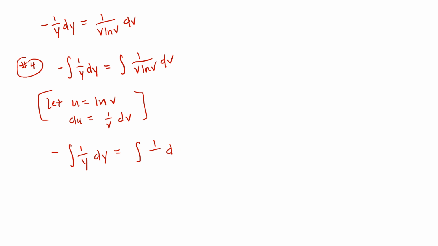I should have used a different variable because u and v can get mixed up, but let's continue. It's okay. All right, so I know du is 1 over v dv, and then I have the natural log of v, which is u, so that would turn into 1 over u du.